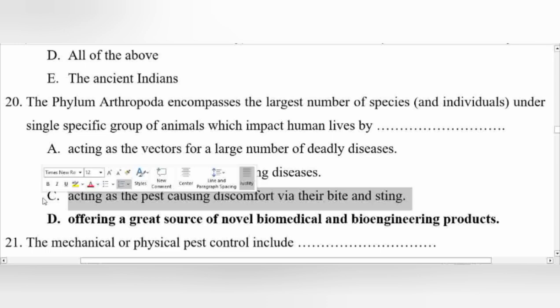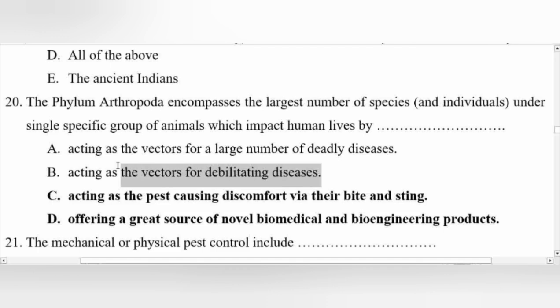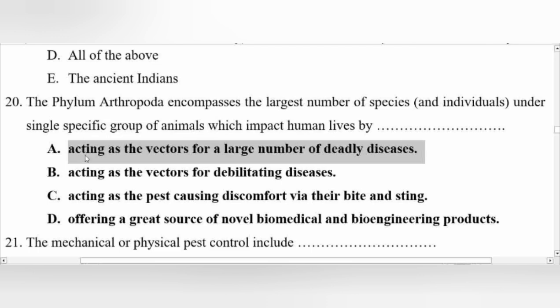Then they also act as the pests that cause discomfort through their bite and sting. Also, they act as vectors of debilitating diseases, and they also act as vectors of a large number of deadly diseases. Yeah, some of the diseases may not necessarily kill you, but they can be debilitating.